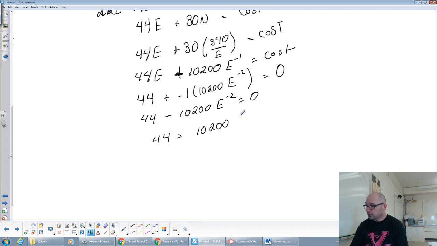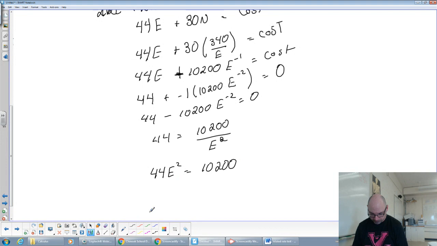And then we're going to write E squared on the bottom. So we're now putting that back on the bottom so that we can cross multiply it. So then we got 44E squared is equal to 10,200.